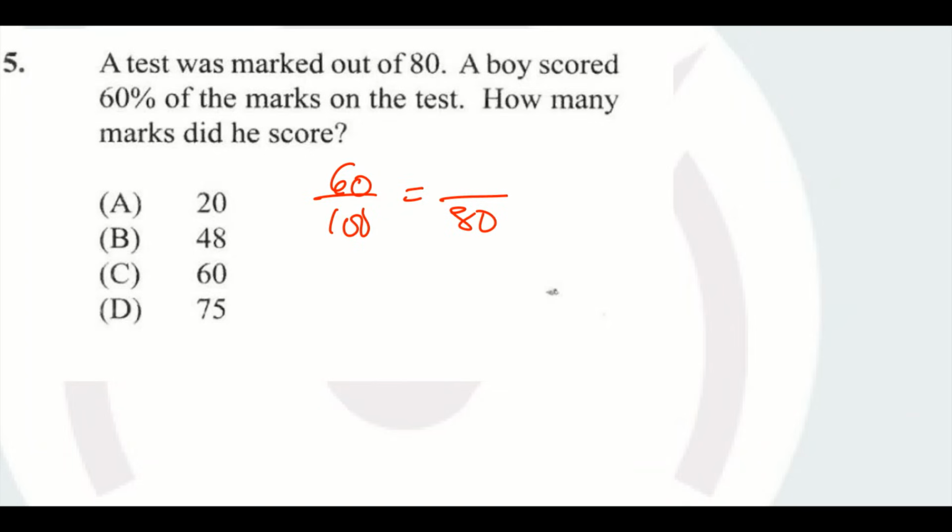You could test your answers. We know 75 is too far. 75 is nearer to 80, so that couldn't be 60%. I would know that 20 is too low. So between, I would know that 60 over 80, the same thing as 6 over 8, which is 3 over 4.